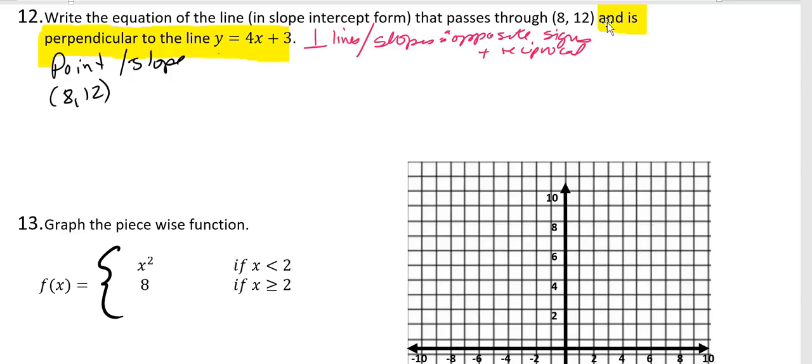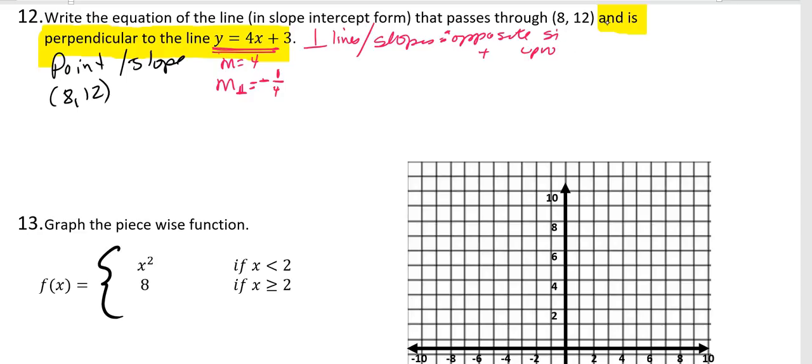So we look at this equation. This is not our equation, but we can get the slope of this line, and it's 4. So since we're perpendicular, our slope will be opposite sign. So it isn't positive, so we're going to be negative, and it's going to be flipping it over. So instead of 4, it's going to be 1/4. Okay? That's all we're going to use that phrase for.